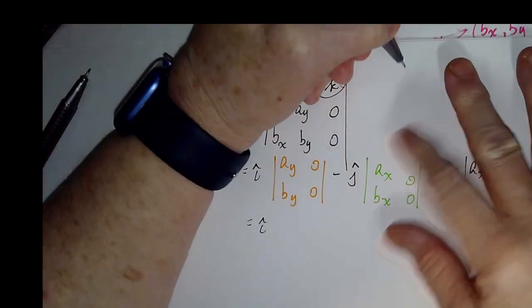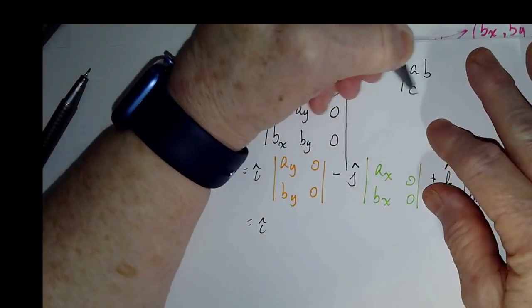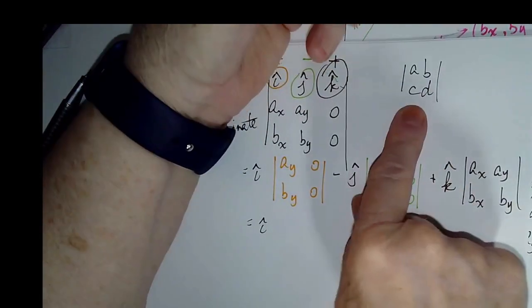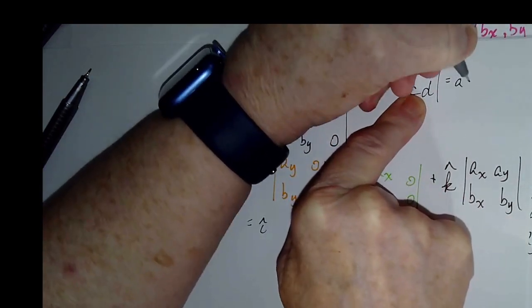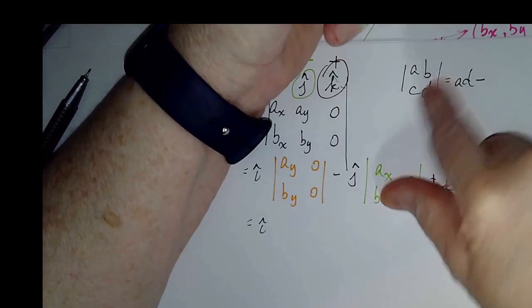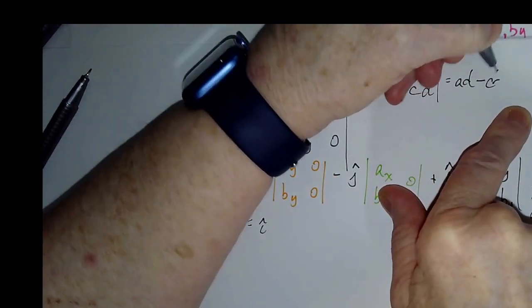Notice that if I use the rule A, B, C, D, the determinant of a 2 by 2 is the major diagonal minus the minor diagonal.